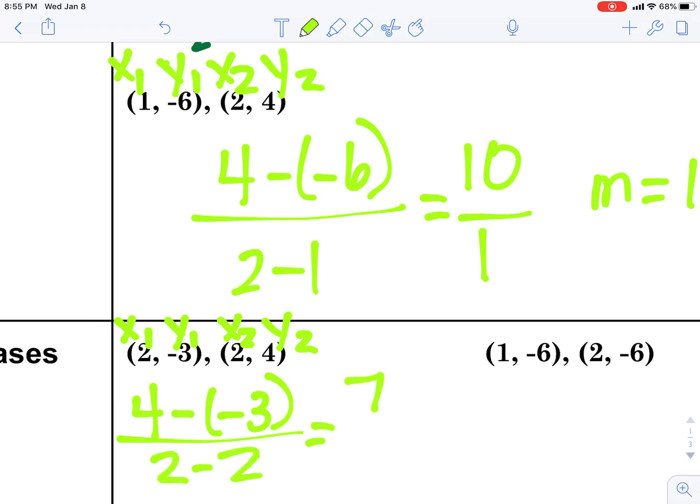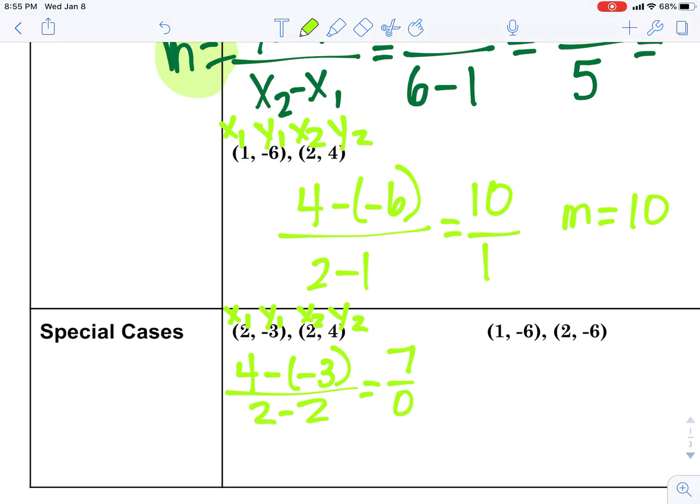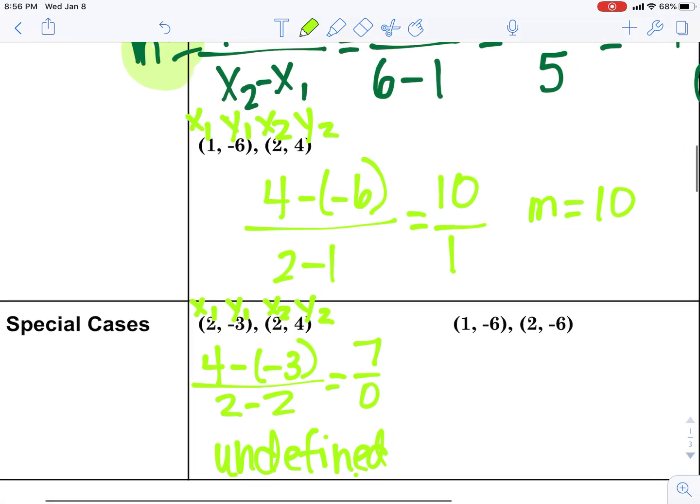So this is a special case because the bottom of your fraction comes out 0. And so if you were to stick this in a calculator, 7 divided by 0, it says error. So when I have an error in my calculator, or I have a 0 in the bottom of my slope, we call that undefined when we're solving to find slope.